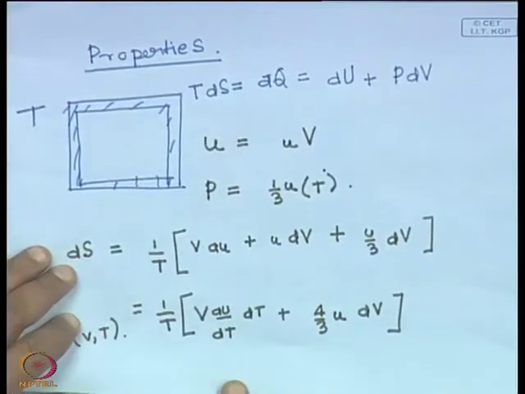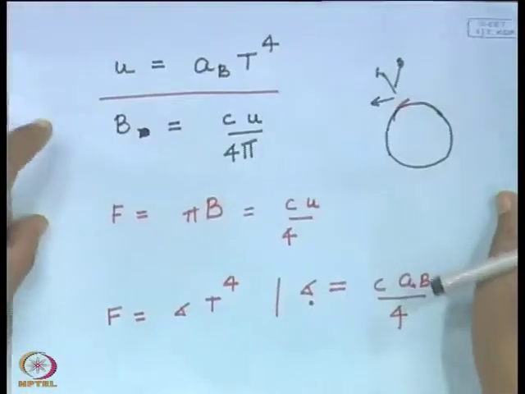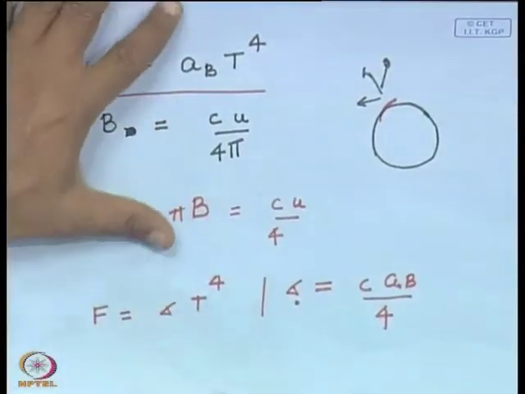And the entropy density comes out to be, so the total entropy in the system, let me write it, the entropy in the system, I leave it for you as an exercise.